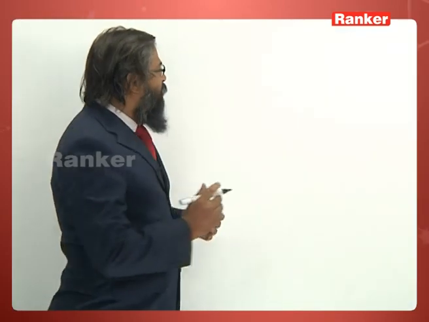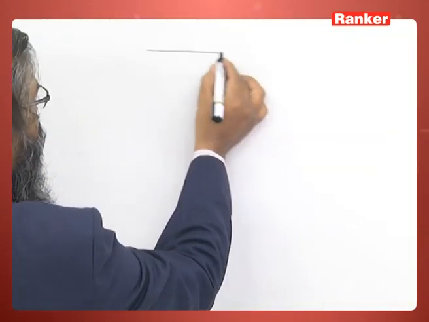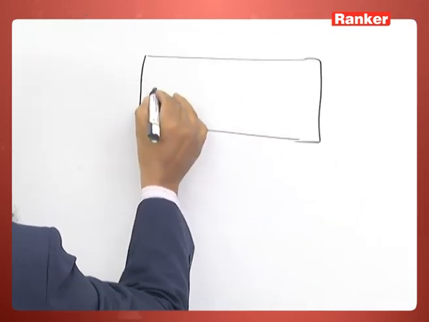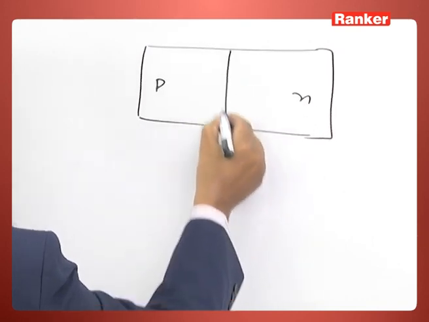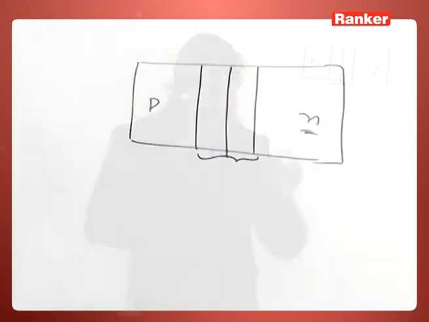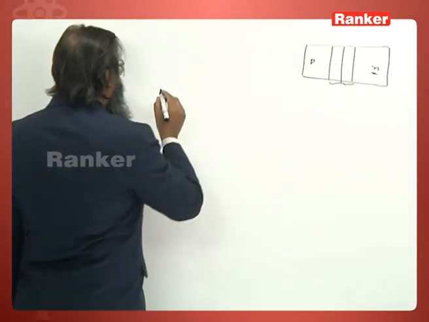Now, let us consider again, this is our depletion layer and this is N type photodiode.